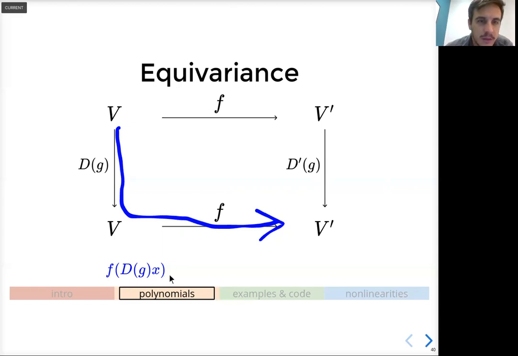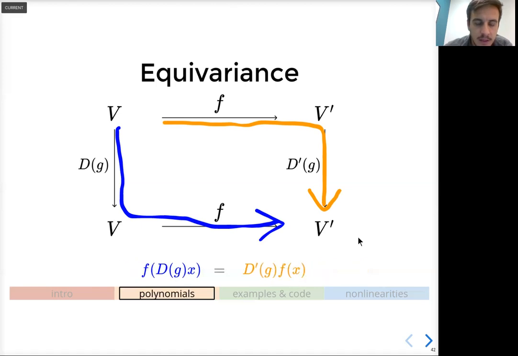Or one could also first apply the function, then we get an object f of x that is in V prime, and then we rotate the system with g. So this object will be multiplied by the matrix D prime of g. And the function f is said to be equivariant if the two options lead to the same result.